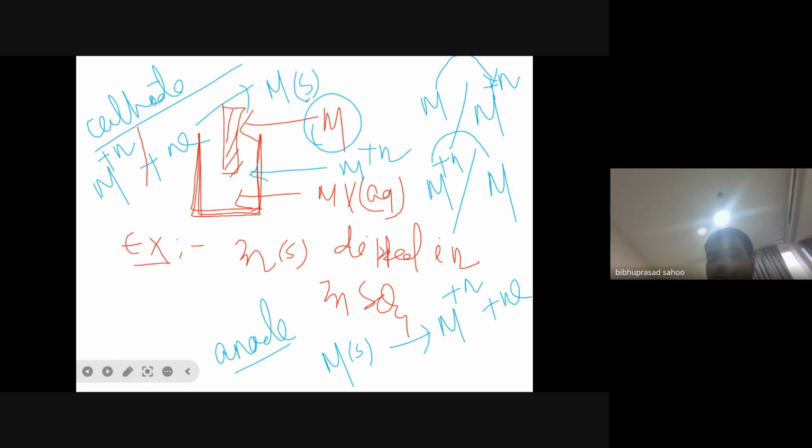So students, see here what is written: metal dipped in its own metallic ion, that means a metal ion, metal electrode. These electrodes are reversible with respect to the electrode material. That means here the electrode material is zinc, and the electrolyte contains Zn2+. What are the examples?